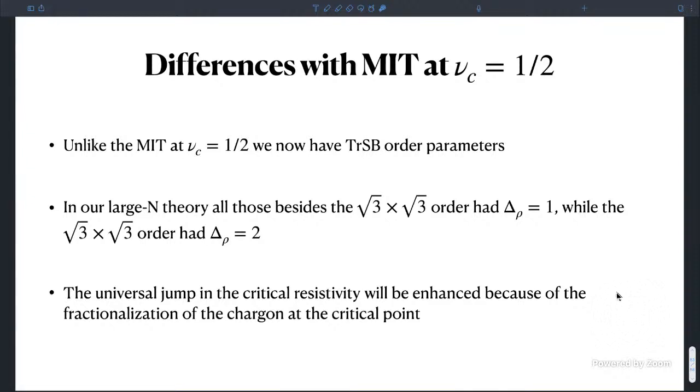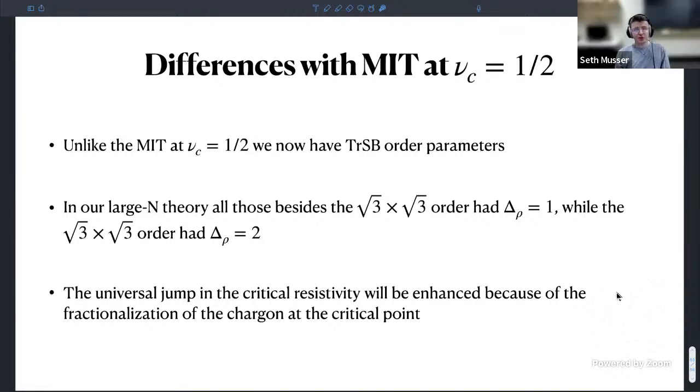The second statement, what are the ways to test it? Possibly STM, if you're able to image the charge, possibly imaging the strength of that.